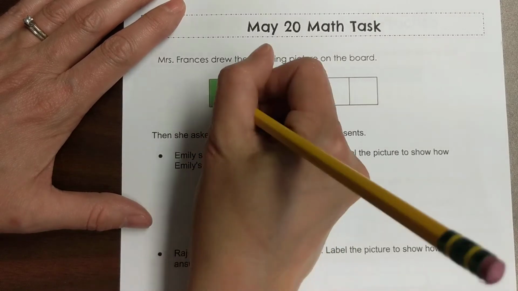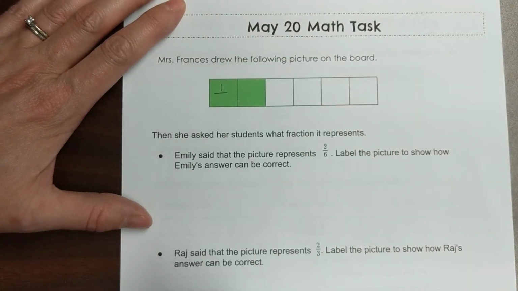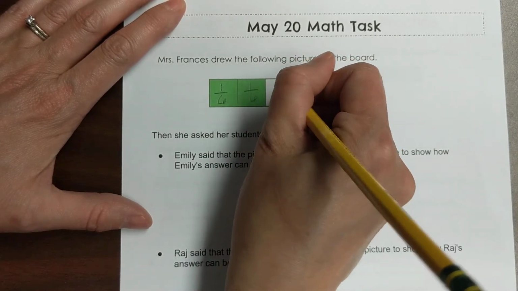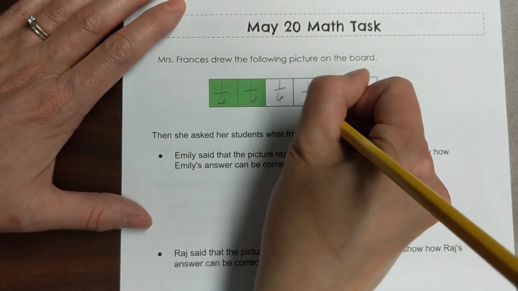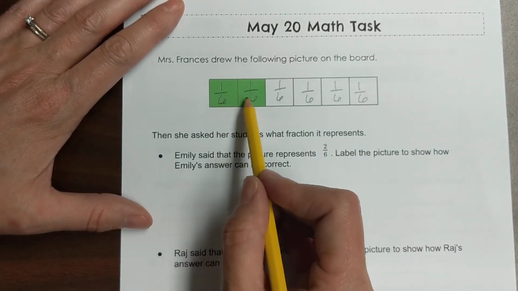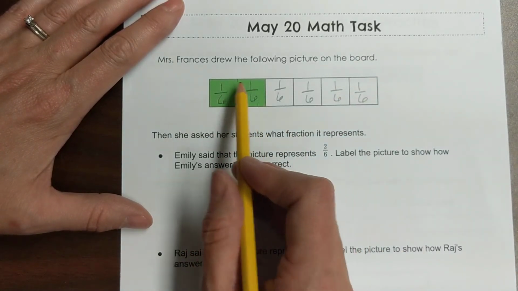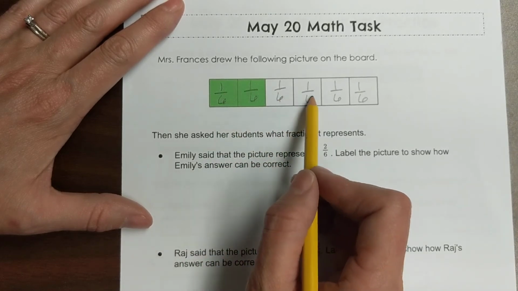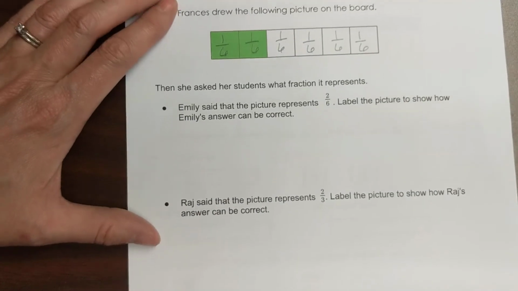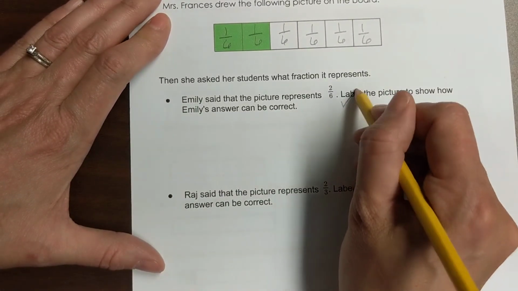So if we labeled it Emily's way, we would have to make each of these 1/6. So there are 2/6 shaded out of 6 total. Okay? So we labeled the picture.